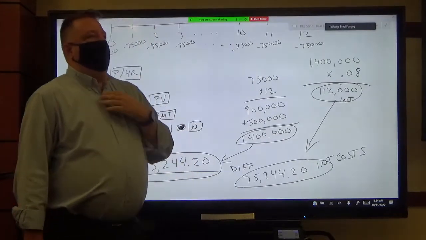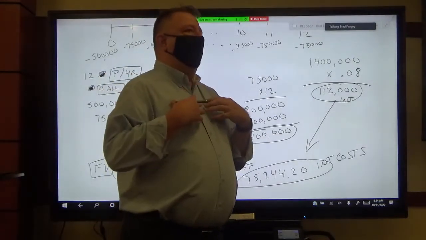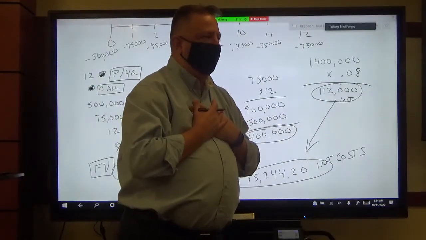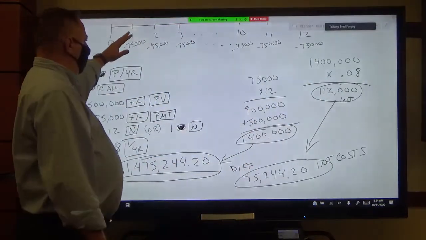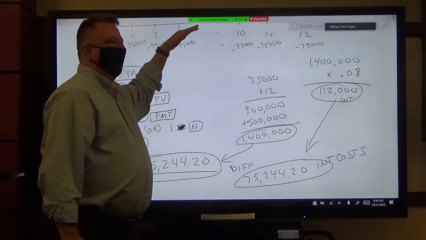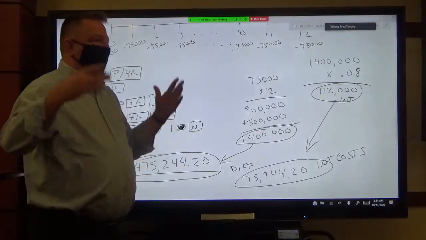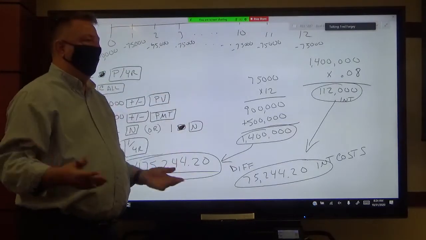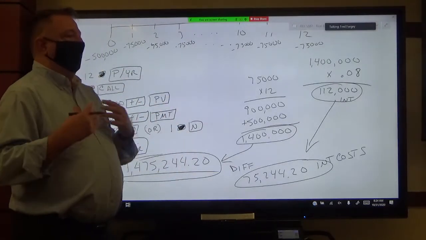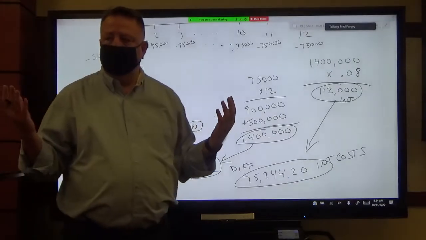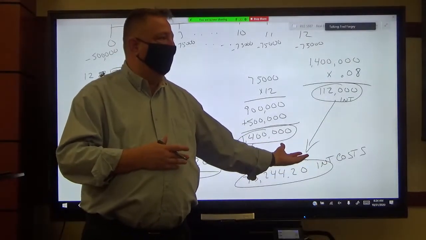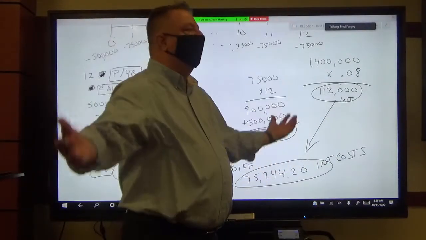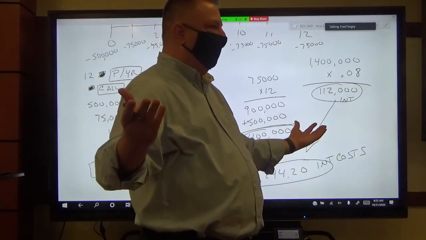Okay? And from the developer's point of view, I would love to push out all of these payments by an extra 30 days, or an extra 45 days, or an extra 60 days, because what does that mean to me? Less interest cost, okay, which is less overall cost for the developer.